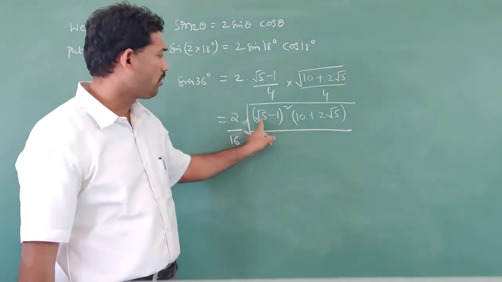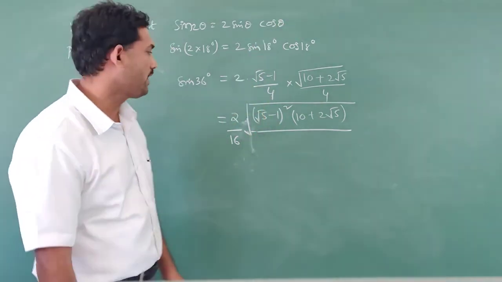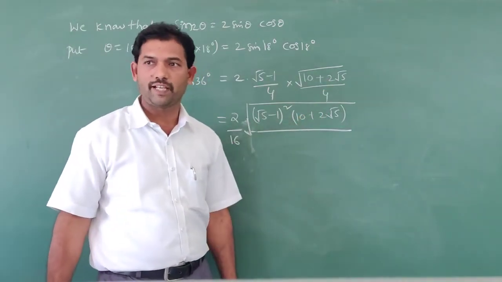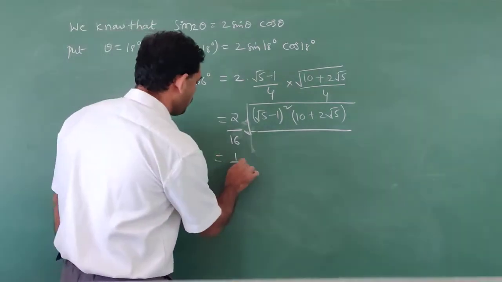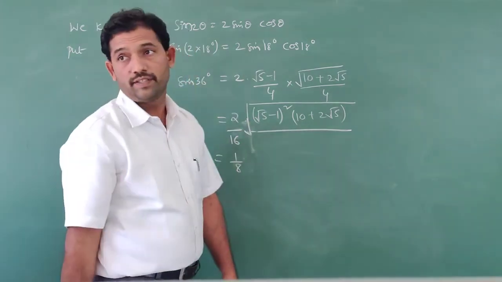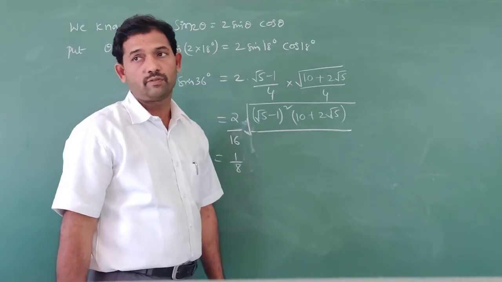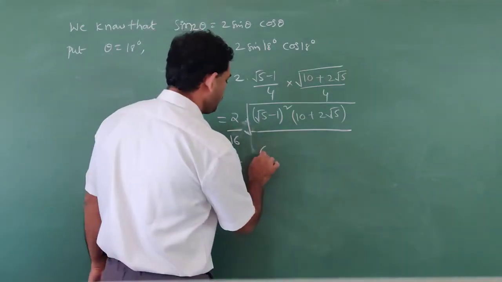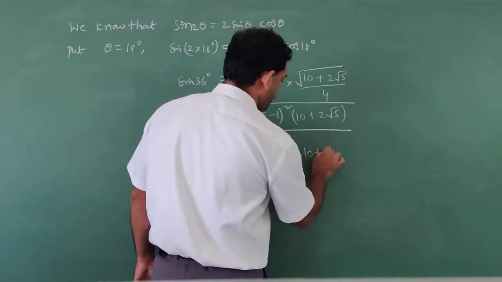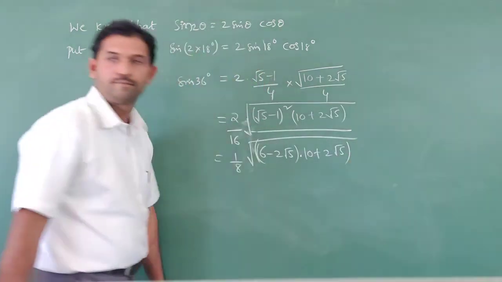This value you take root, meaning square, means you take inside the root. Root 5 minus 1 whole square. This value already has root. Okay na? Now do simplification. This is 1 by 8 after simplification. This is expanded. This is expanded. What happens? Root 5 whole square 5, 1 square 1, 5 plus 1 is 6, 6 minus 2 root 5 into 10 plus 2 root 5. Understand?